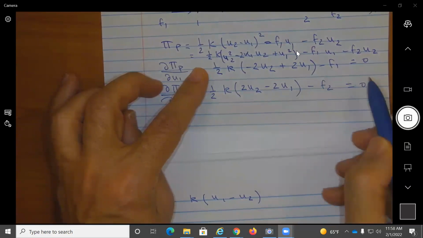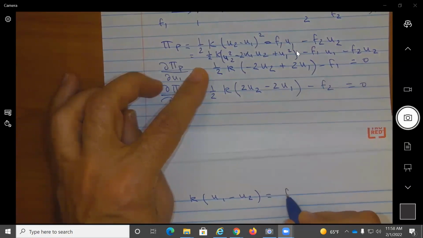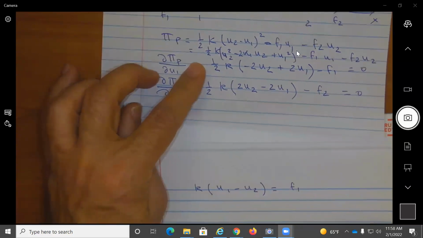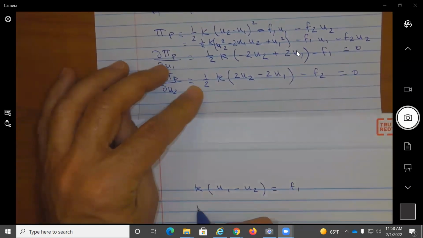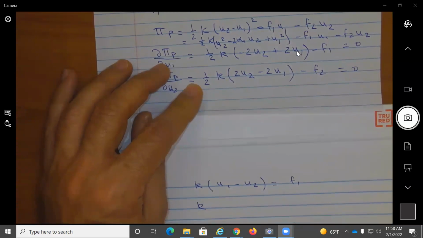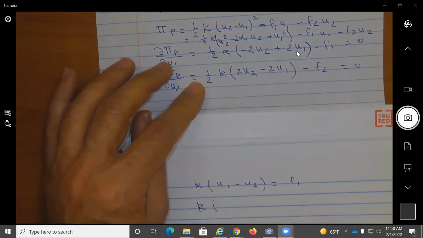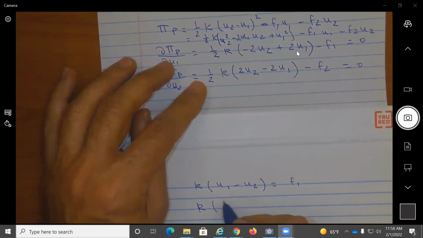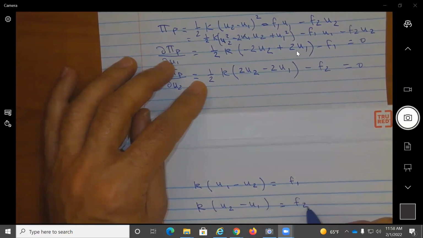And I'm going to move F1 to the other side, is equal to F1. For the second equation, I'm going to have a K multiplied by U2 minus U1 is equal to F2.